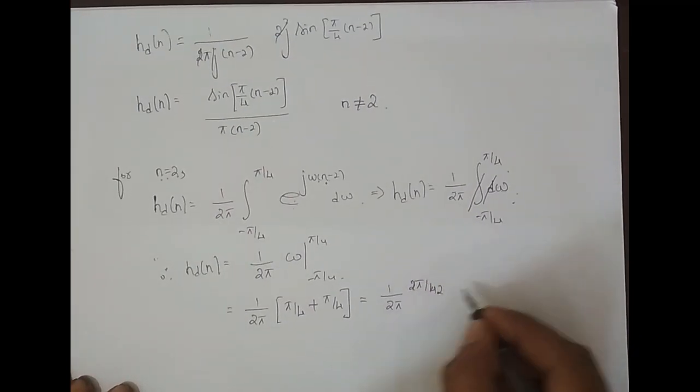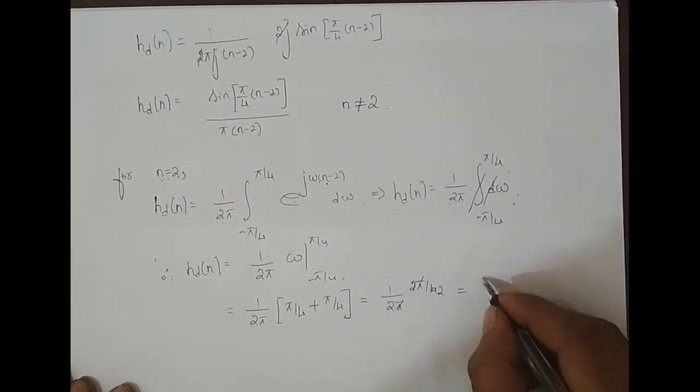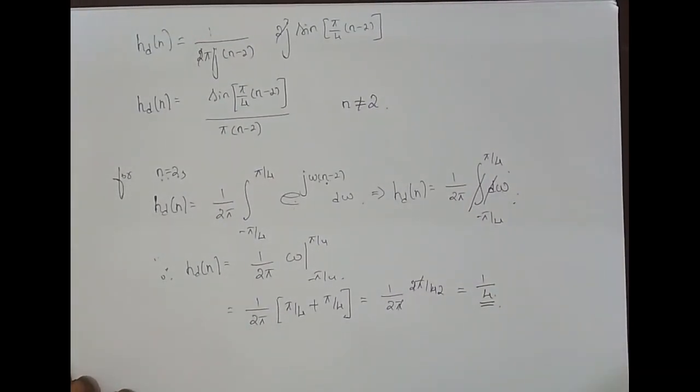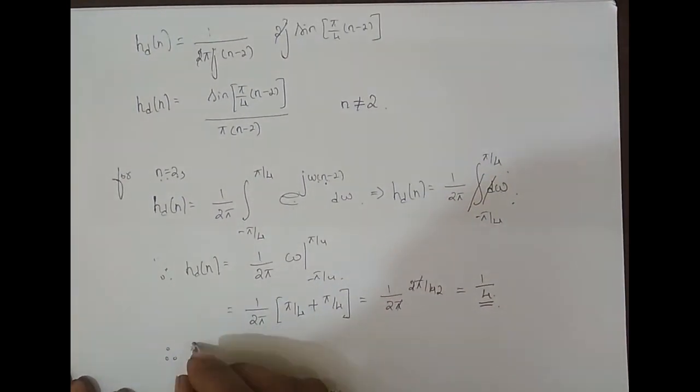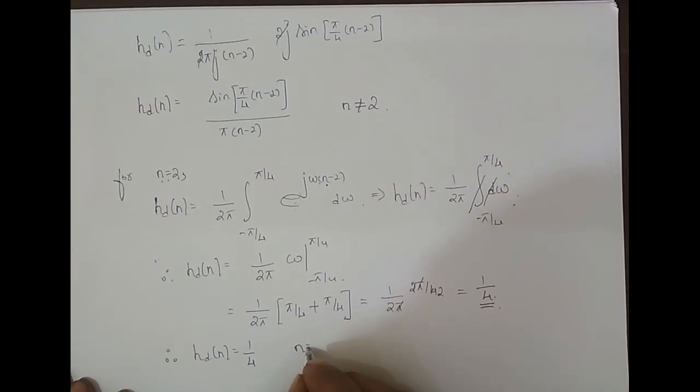So this is pi by 2, pi cancels out, and I end up with 1 by 4. Therefore hd of n is equal to 1 by 4 for n equal to 2.